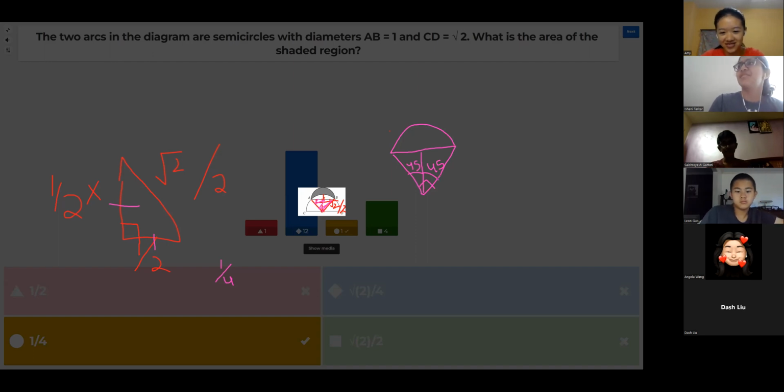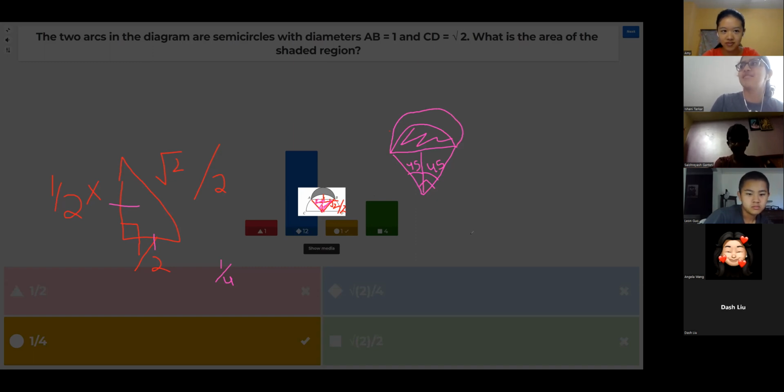So that would be 90 degrees. So we would find the area of the sector with the 90-degree angle, and then find this area and subtract it from this area.